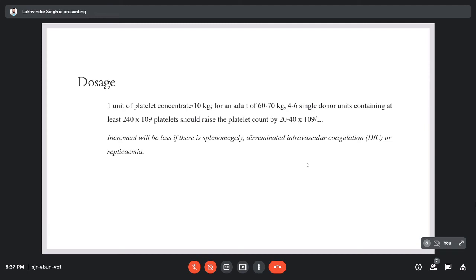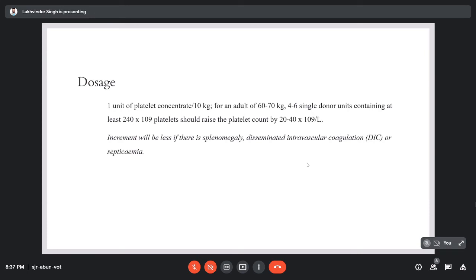And one apheresis platelet, if you're using, that's a big platelet bag, that also increases the platelet count by 20 to 40,000. Increment is less if there is splenomegaly, DIC, high platelet consumption, or some immune phenomena, so the increment will not be there. That condition is known as platelet refractoriness.